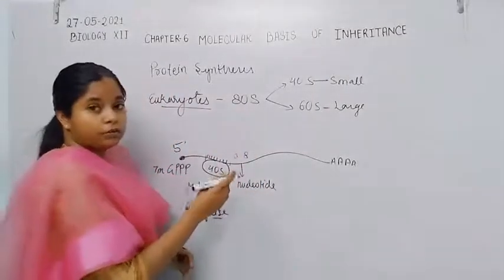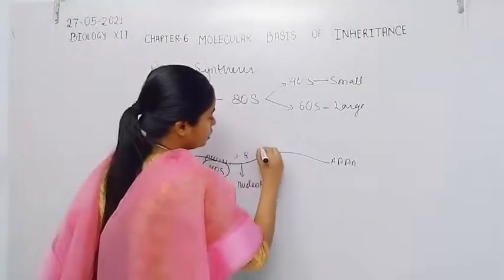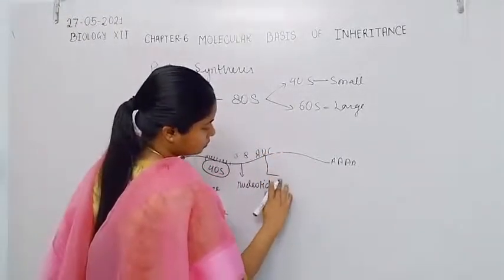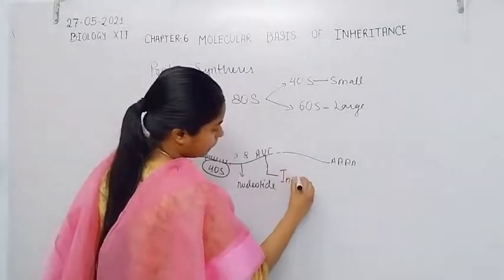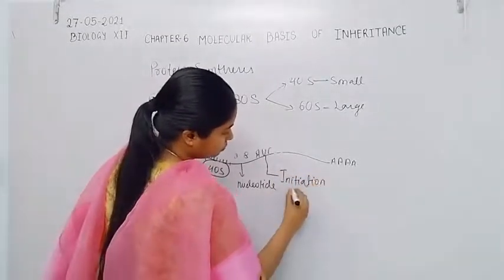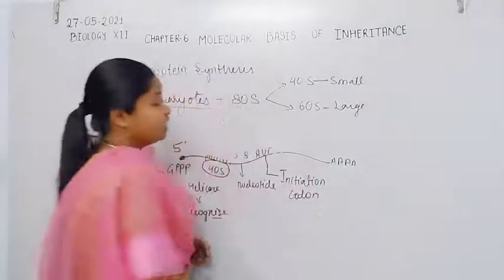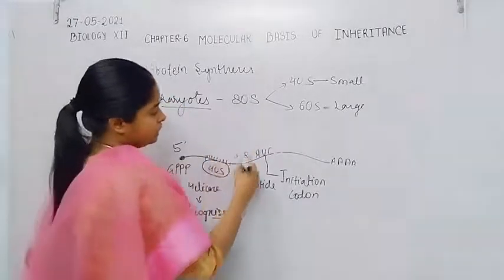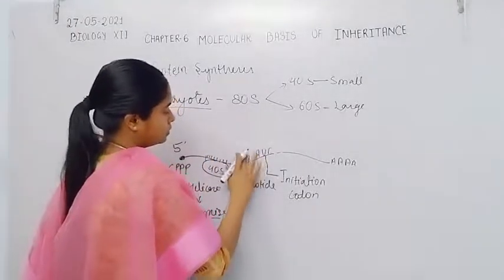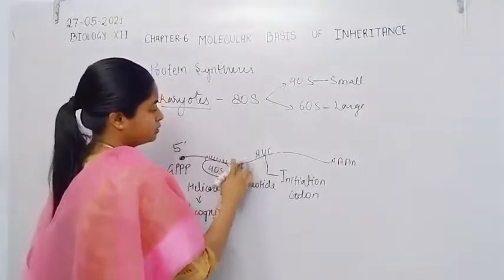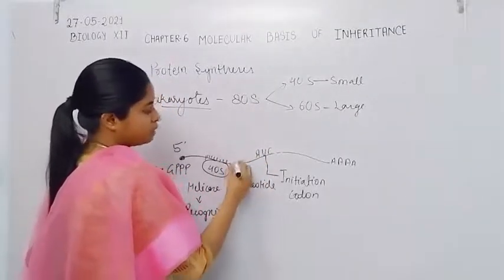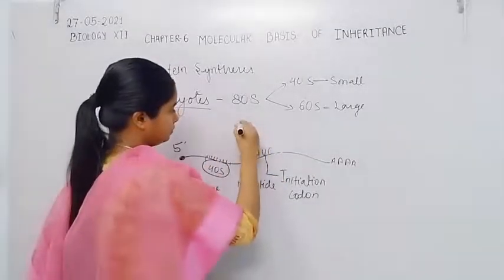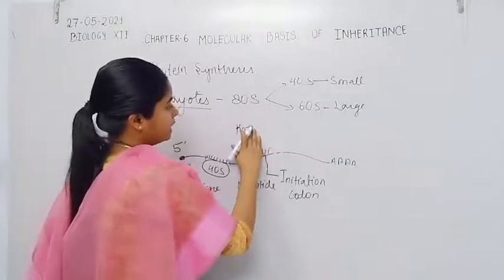the AUG initiation codon is present, which is surrounded by a specific sequence. This specific sequence is the Kozak sequence.